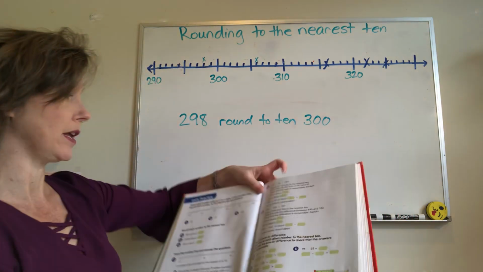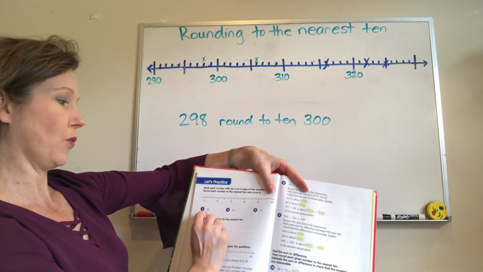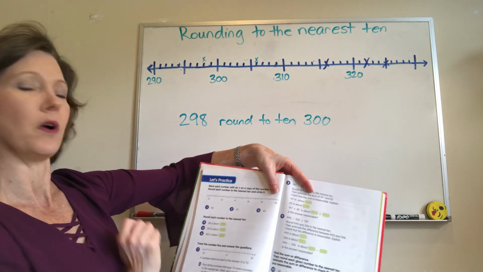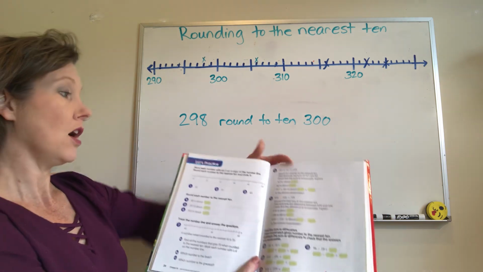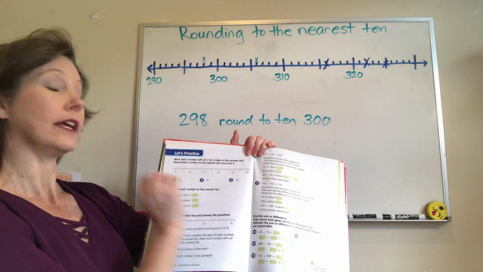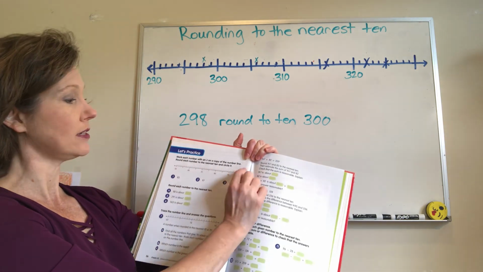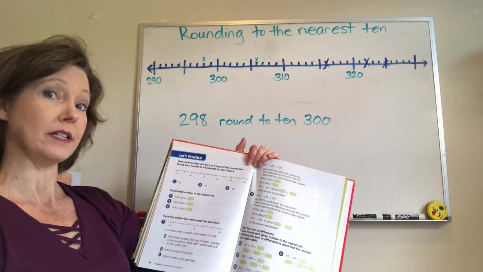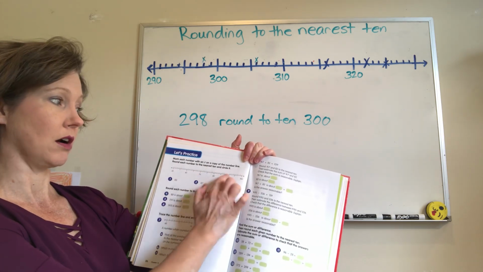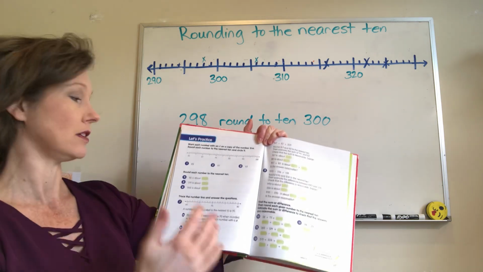Then you can take your pencil and you can mark your X's just like I did on the board for what these numbers are and circle the one that's closest to the 10. Or you can get out your piece of paper, put it over this, and trace your line right here that's just like on your book so that you can mark on your piece of paper where these marks are and what the closest 10 is, so that you're rounding to the nearest 10.